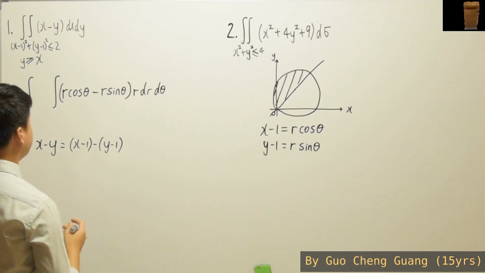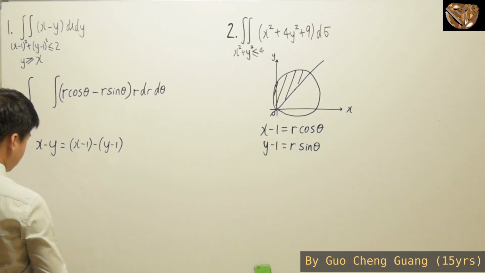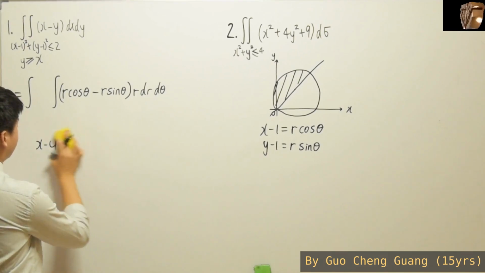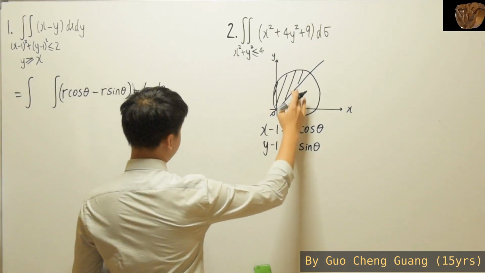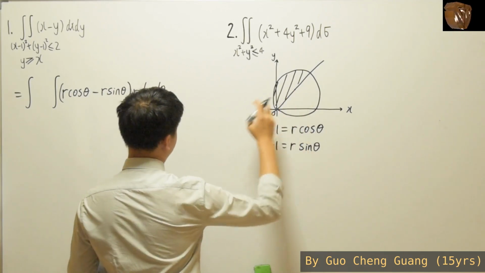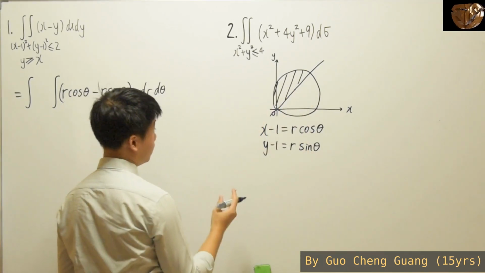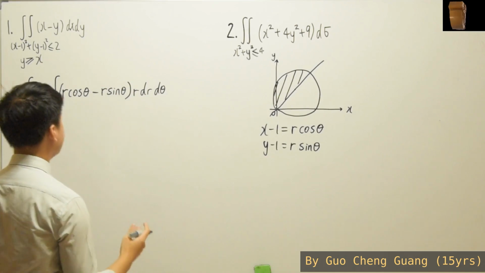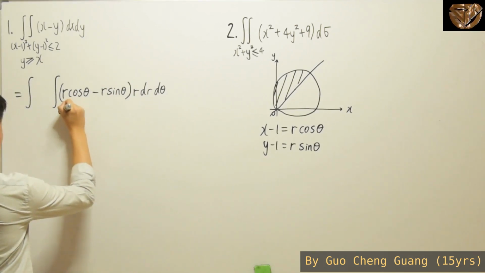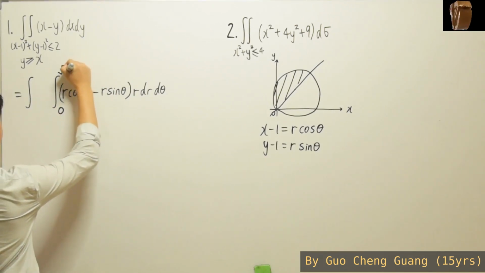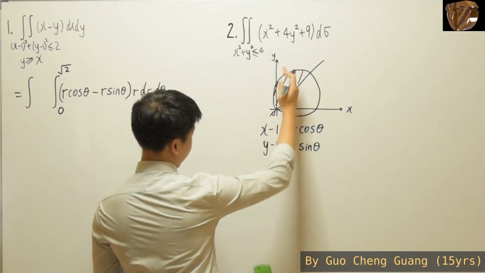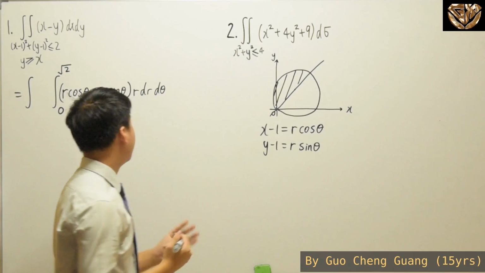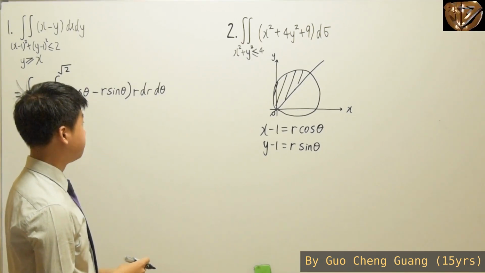Now we take a look at your boundaries. Since you take the center as where you integrate from, and your radius is square root 2, r you integrate from 0 to square root 2, from your center outwards onto your circle. And then the angle, theta.